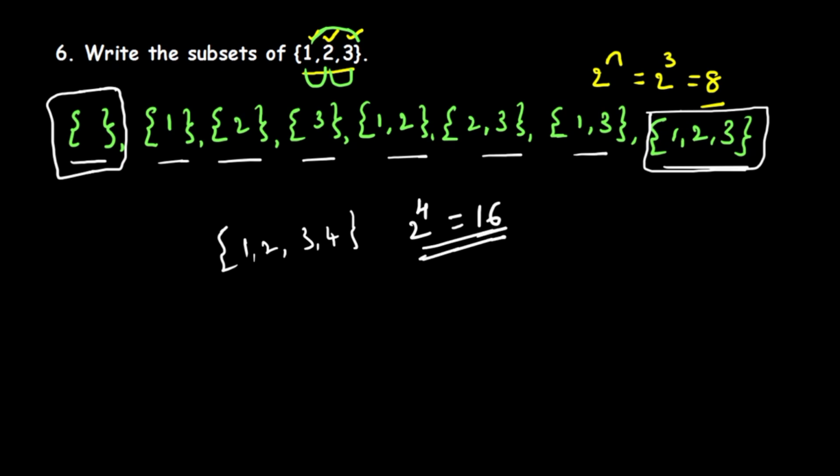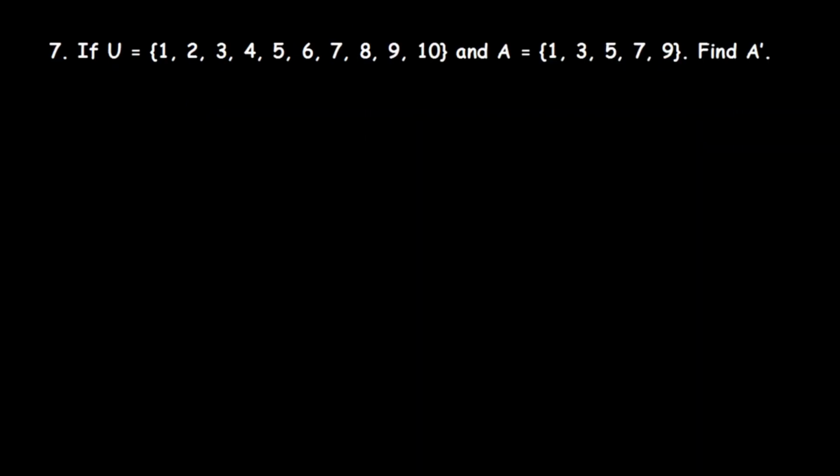The next question. If mu equal to the numbers 1 to 10, A equal to 1 3 5 7 9, find A dash, or we call it A complement. So A complement or A dash means we write mu minus A. What is mu in this?